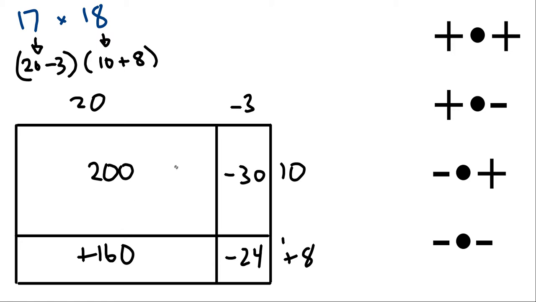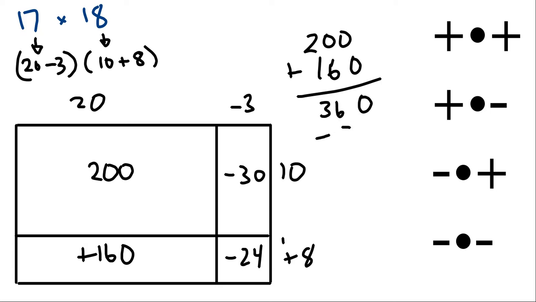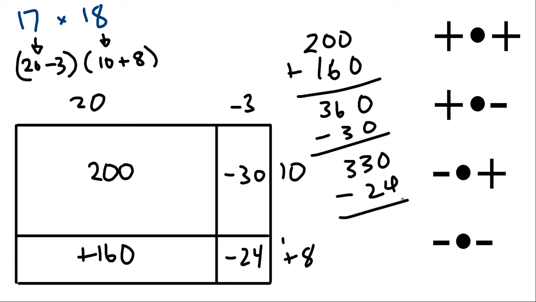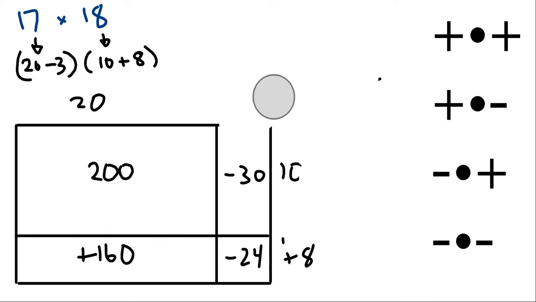So if we do all the adding, 200 plus 160, 360. Take away 30, bam, we're at 330, and then take away 24 from this one here, and we're back to the exact same answer, 306. Consistent. That means this must be always true.